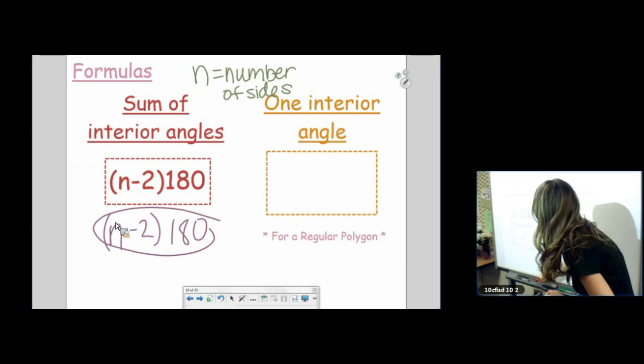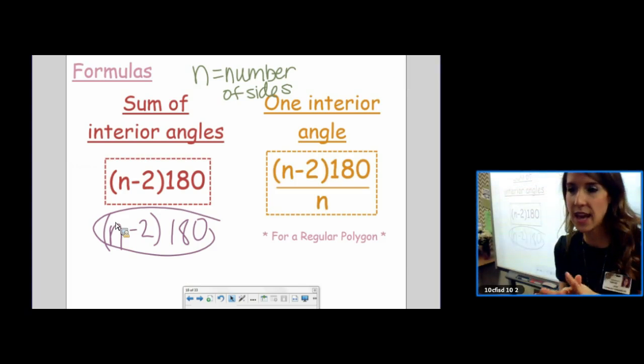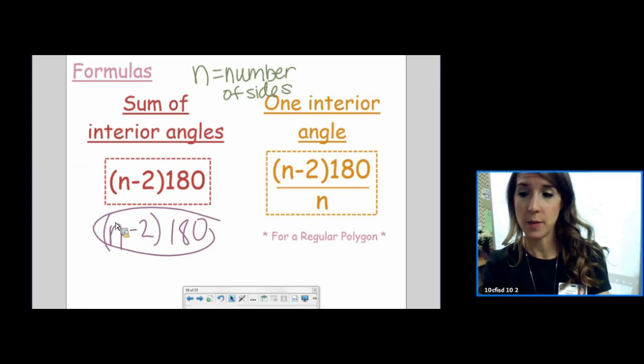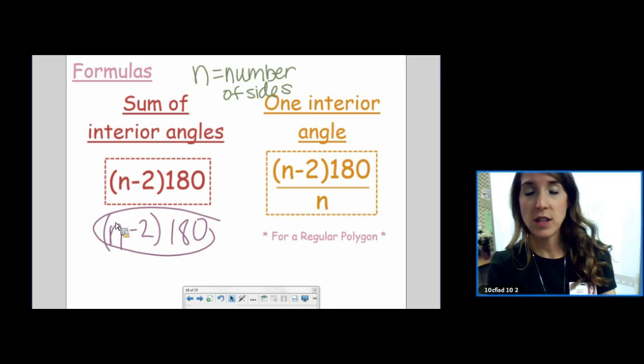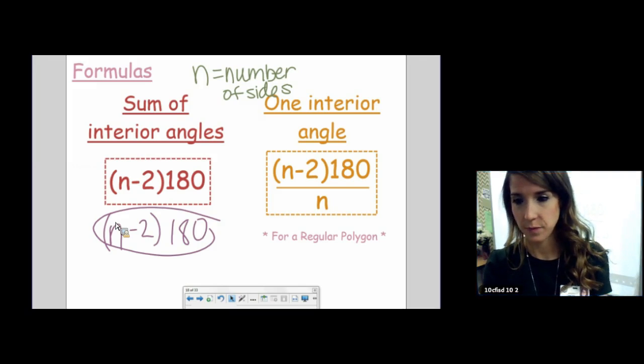Very good. You were both right. So same formula. Don't be scared. You just divide it by however many angles it has, however many sides it has. And that's what n is. So if it's a dodecagon, n is 12. If it's an octagon, n is 8.